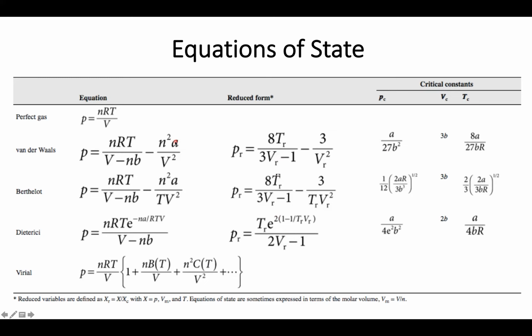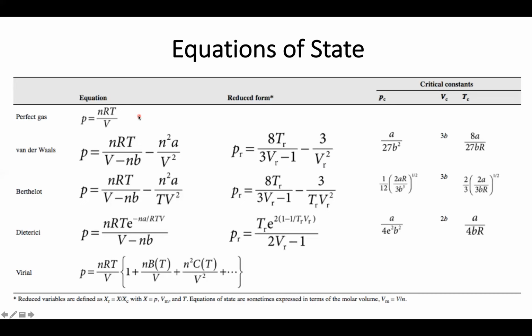However, what's worth noting is the perfect gas and the virial gas, because of their more fitted form, are designed to work in pressure, volume, temperature space and not in the reduced form. So these two do not make the conversion quite so well.